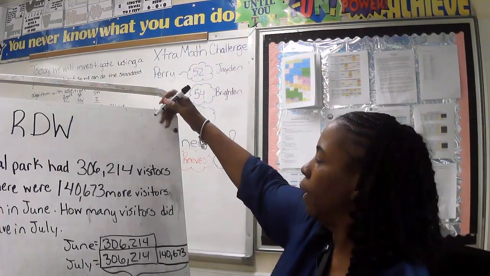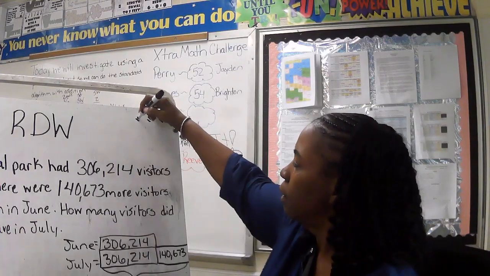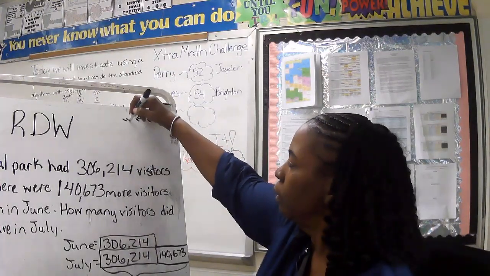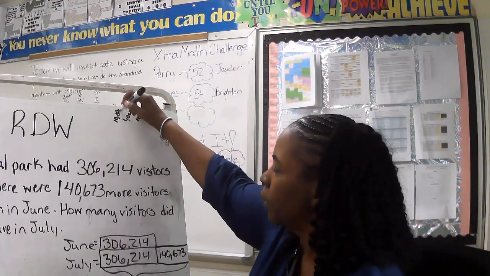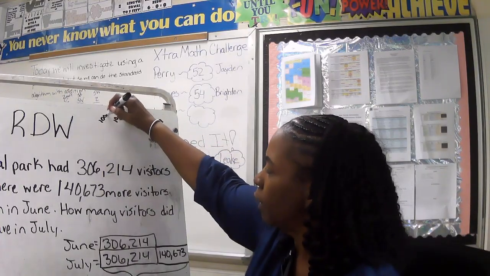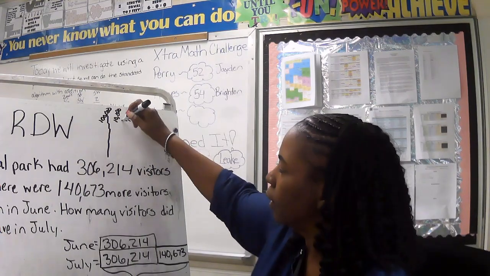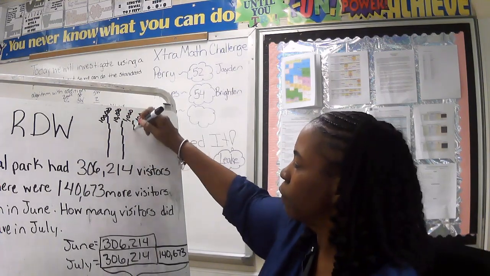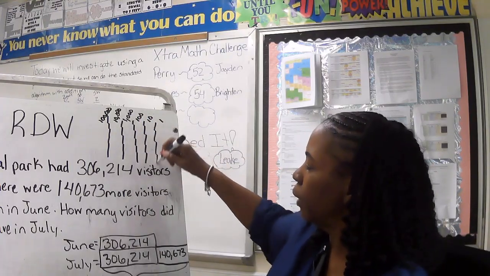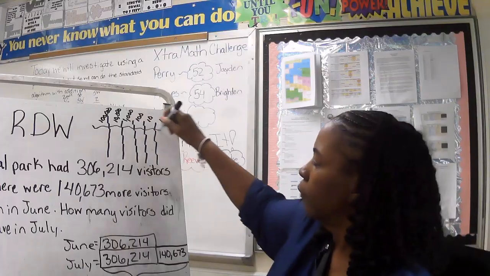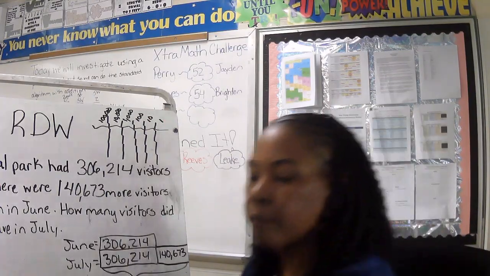So I'm going to have my ones place, tens, 100s, 1,000s place, 10,000s place, and 100,000s place. So now we're going to do our zigzag line. Always do your numbers first. We want it nice and neat. Neat and nice. This will keep us from being confused and make sure each place value has its correct digit.